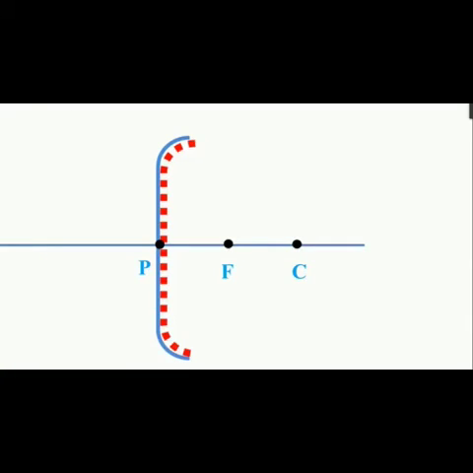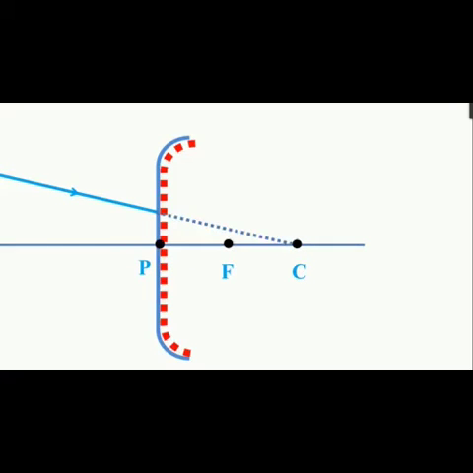Now rule number 3, a ray going towards the center of curvature retraces its path. So it is going towards the center of curvature, so it should go back along the same path. In order to draw that, we have to draw a dotted line to show the ray is going towards the center of curvature. Then only I can draw the reflected ray. So one more diagram, I'll just retrace the path.